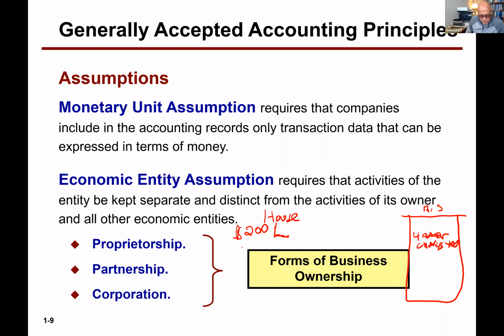Then what happens? Then I take the barber chair out of my house and I bring it to my business. So I have the 4 original chairs that I described, and then I have this really cool antique chair that I bring in to the business. When I prepared the balance sheet at first, it was just for the 4 chairs. But now since I brought in my antique chair, I have 5 barber chairs that I report.